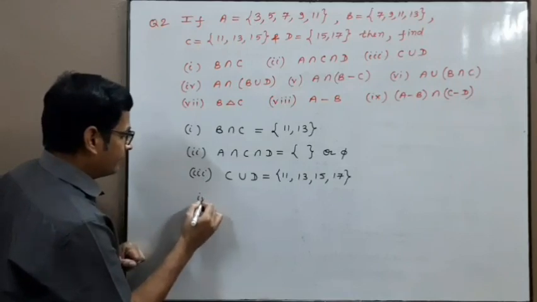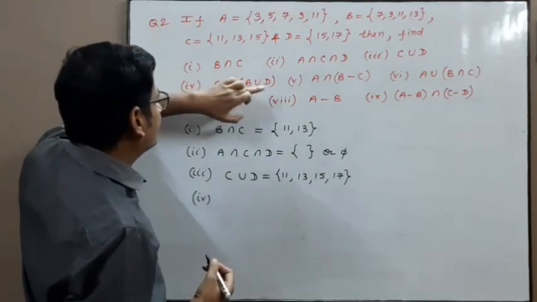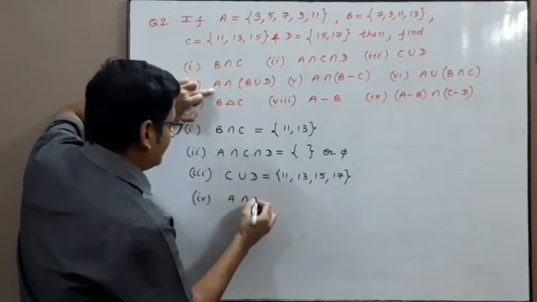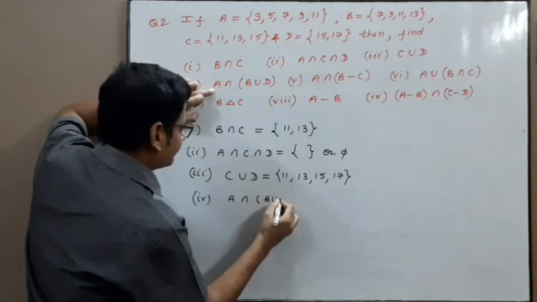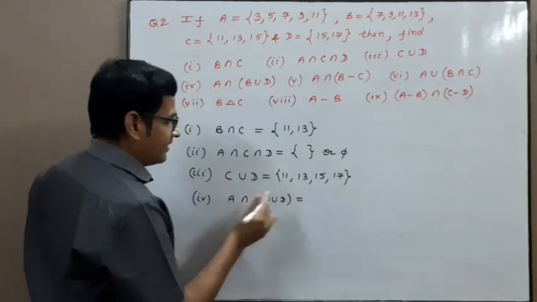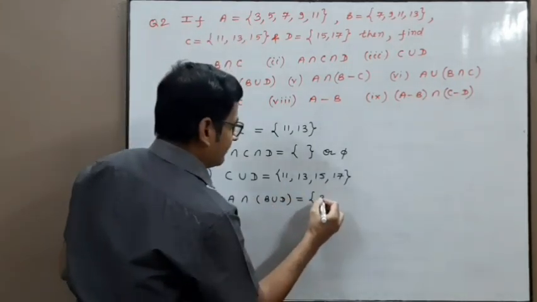Fourth part, A intersection (B union D) is equal to, first write set A. Set A is 3, 5, 7, 9, 11.